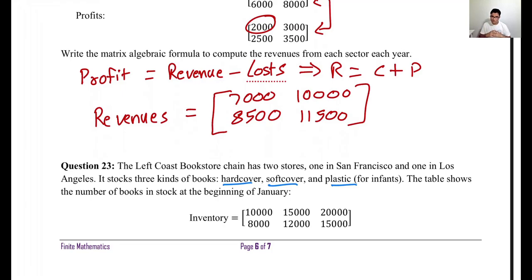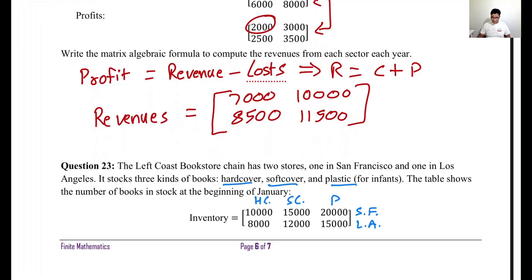The table shows the number of books in stock at the beginning of January. The first row is for San Francisco and the second one is for Los Angeles, and the columns also have meanings: hardcover, softcover, and plastic.